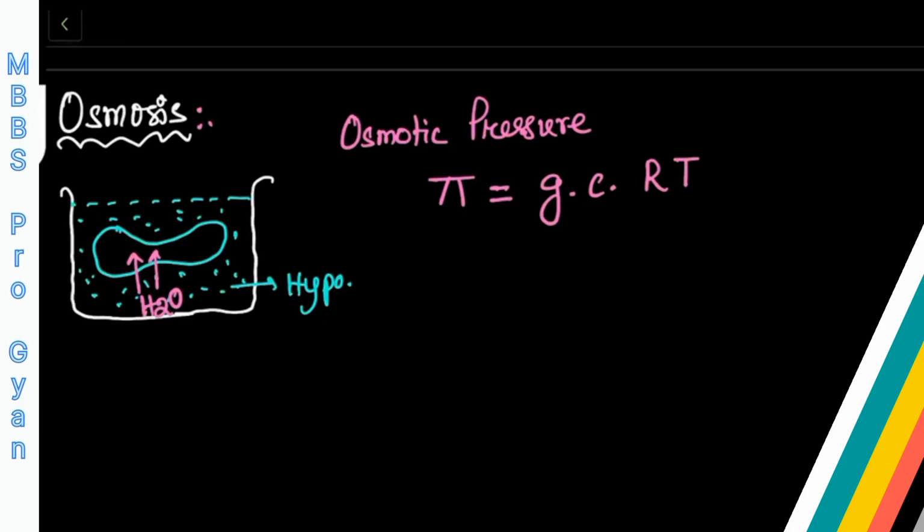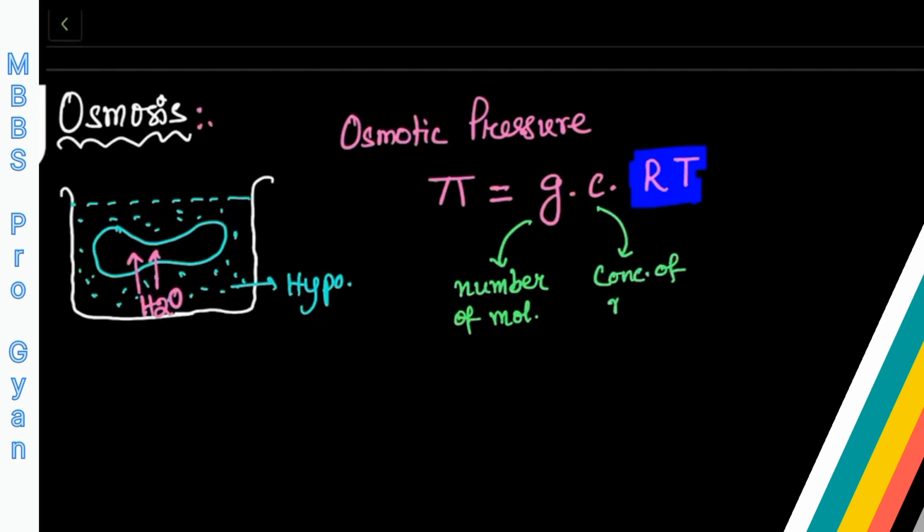R and T are constants. G is the number of molecules present in the solution, and C is the concentration of the molecules present in the solution. So how many molecules are present and what is their concentration will give you the osmotic pressure or osmotic strength of a solution.